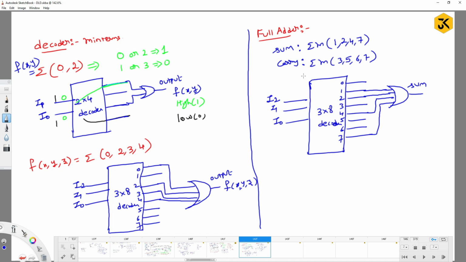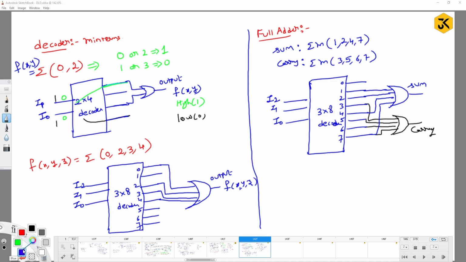Similarly, can I do the other function here itself? Yes, we can. The carry will be 3, 5, 6 and 7. This will be the carry, right?